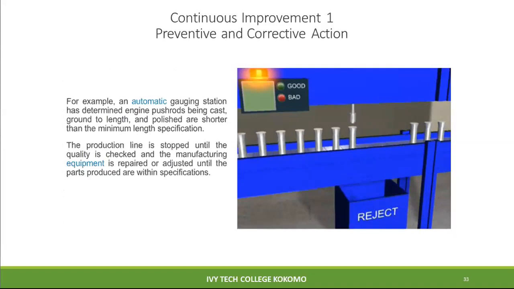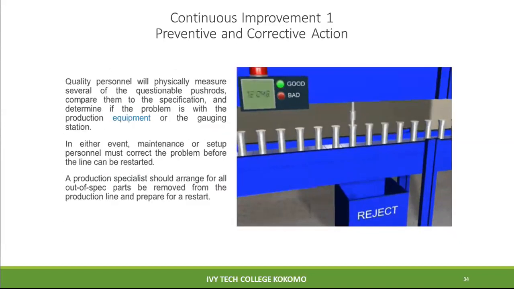Okay, so make sure you understand that situation. The line stoppages are not due to breakdowns, they're due to bad quality. Okay, so quality people need to come in and measure. They need to look at what's going on, and they need to put a corrective action in place.